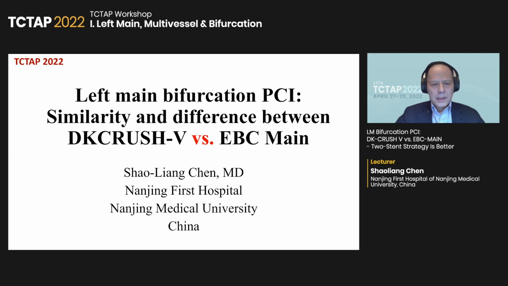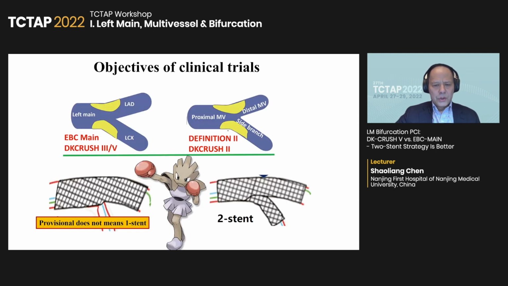So I slightly changed the title of my presentation to: there are more similarities than differences between DK CRUSH-V and EBC MAIN. I don't want to spend much more time on the introduction of stenting technique, just a brief review. So far, there are only 2 randomized studies comparing 2-stent and provisional for left main bifurcation lesions.